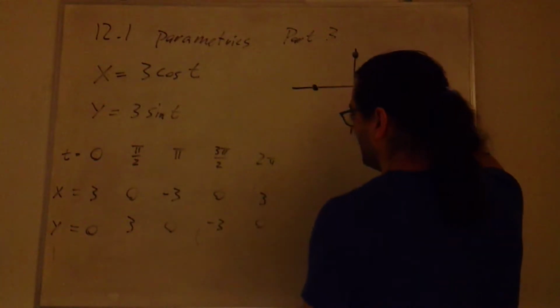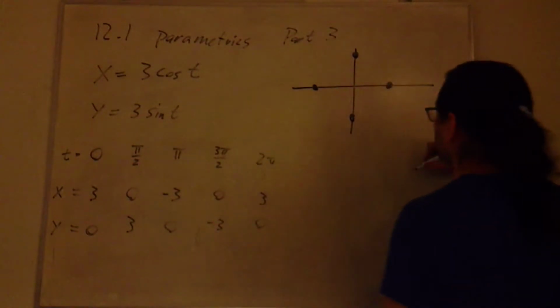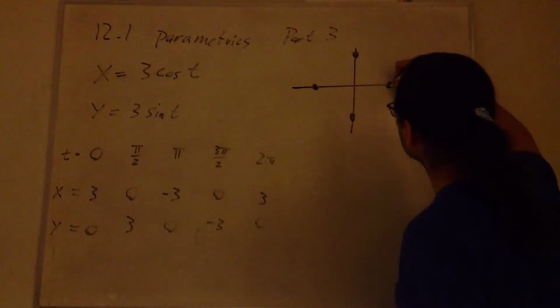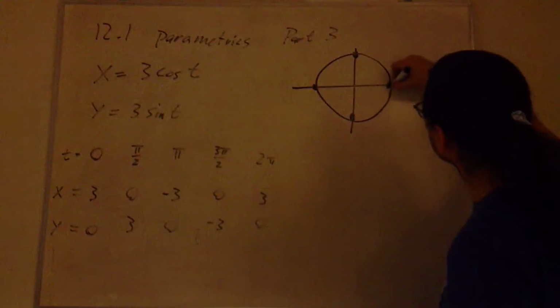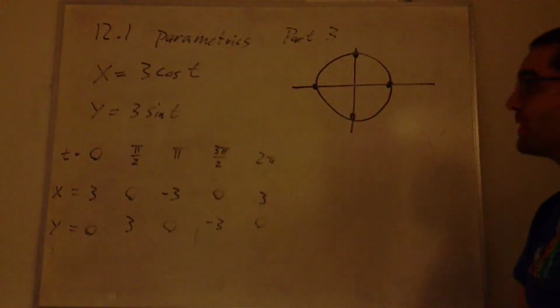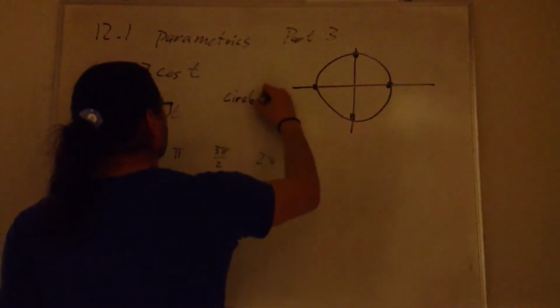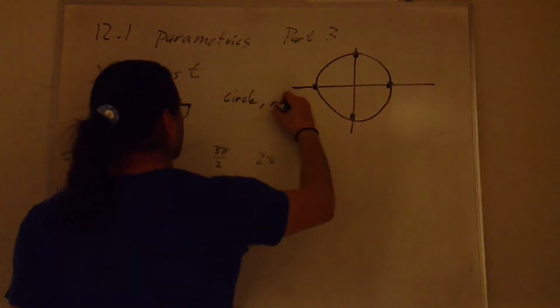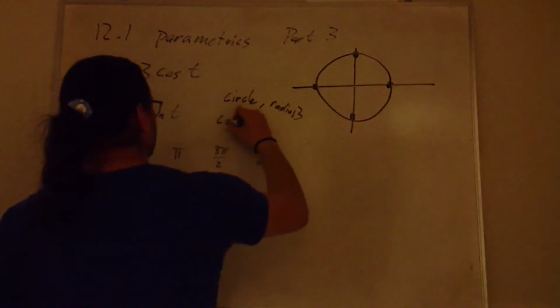Then 0, negative 3, and then I'm back to 3, 0. So it's going to do something like this. This is a circle of radius 3, centered at the origin.